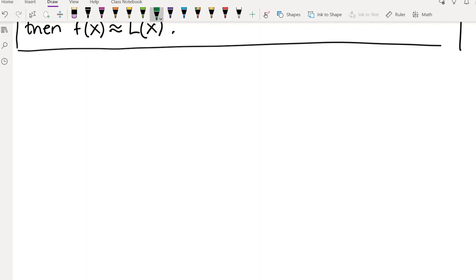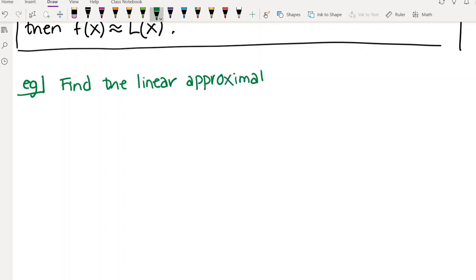Okay, so let's look at a few examples. The next example I want to do is find the linear approximation. So we're going to find an equation of a tangent line.